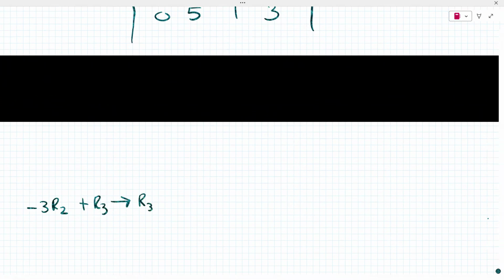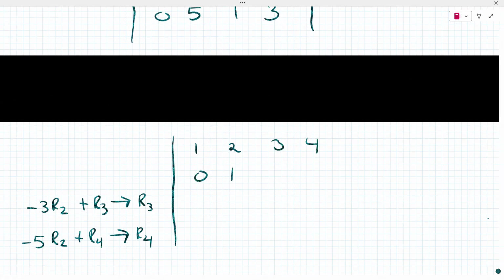And then I'm also going to mess with row 4, and I'm going to do -5 row 2 plus row 4. That gives me my new row 4. So when I do that, I get this new matrix: 1, 2, 3, 4, 0, 1, 0, 0, 0, 0, 0, 2, 0, 0, 1, 3.